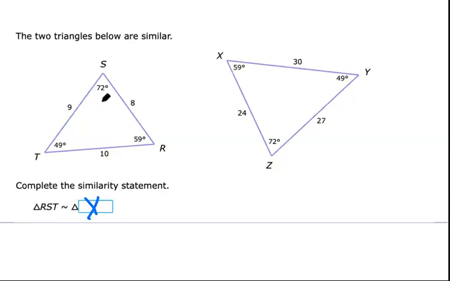Then it's going to S. And then this one right here, 59, is going to go to the biggest angle right there, which is going to be Z. And then that's just going to leave me with Y. So angle X is congruent with angle R.